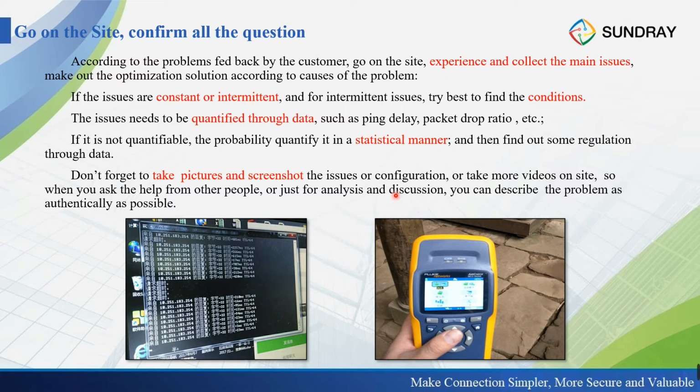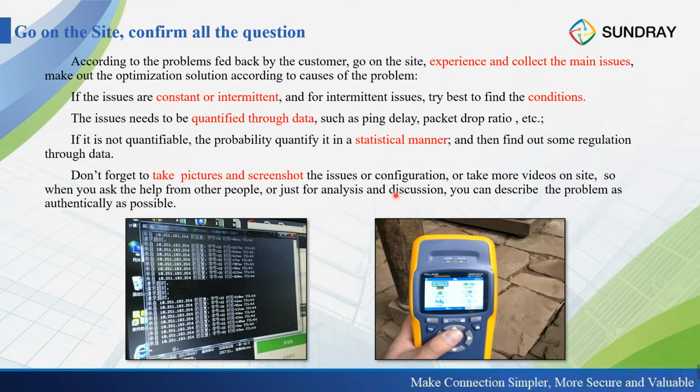And if this network issue cannot be quantified, we can use statistical methods to help us understand the issues. And also on the site, as we solve the problem, we can take some pictures and also take some videos.